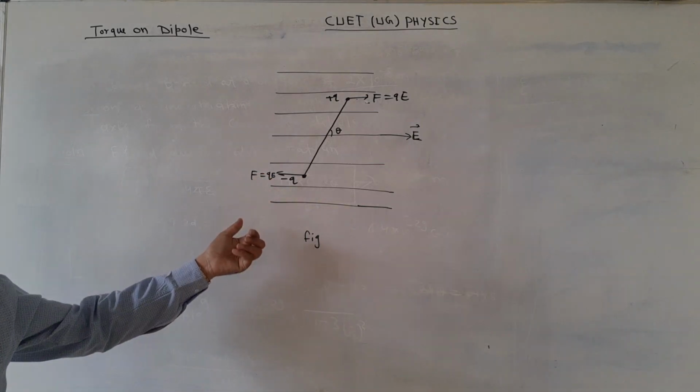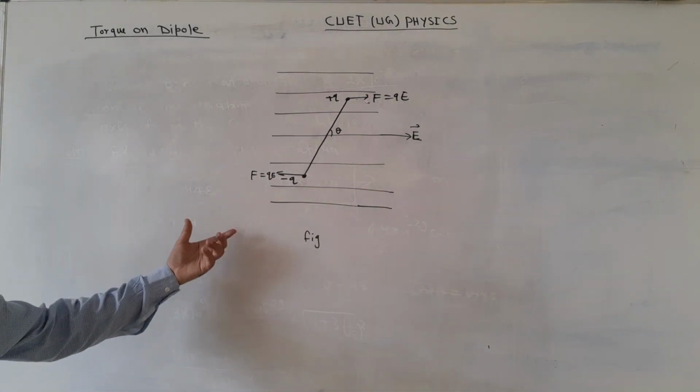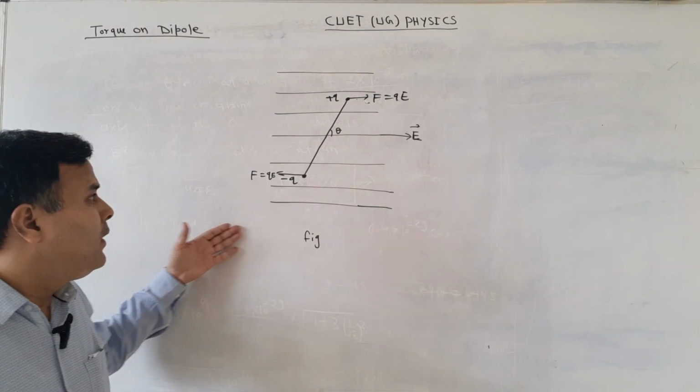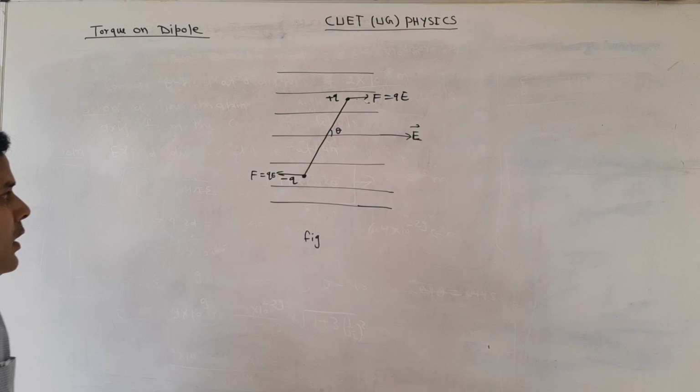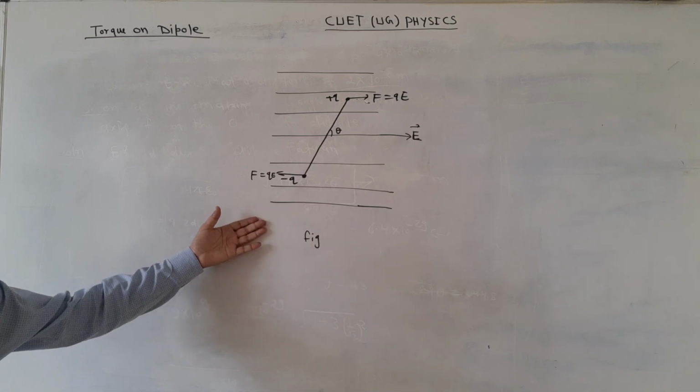One is due to the positive charge and another is due to the negative charge. So the net force is 0, but the two forces are not collinear, so they form a clockwise torque. That is why we are studying the torque on a dipole.